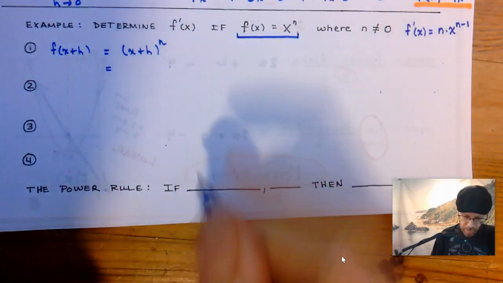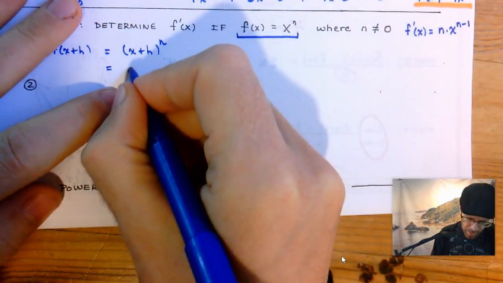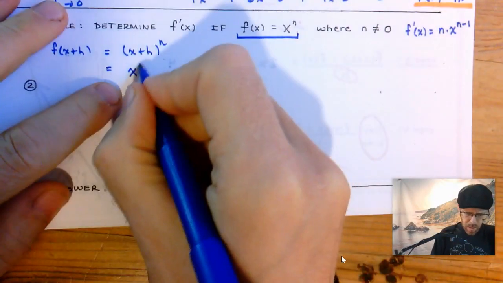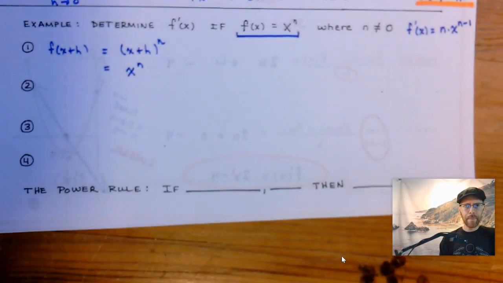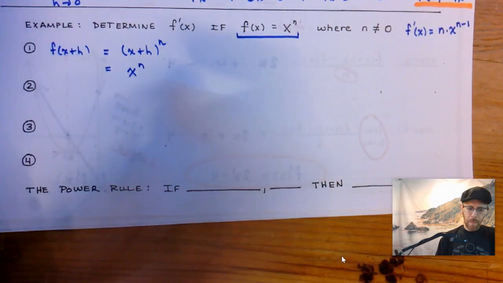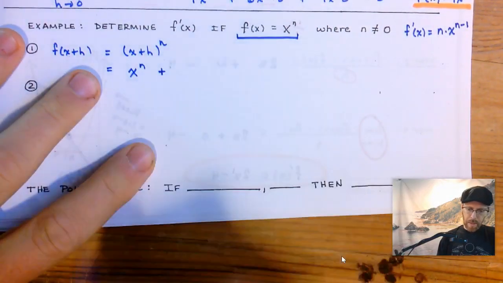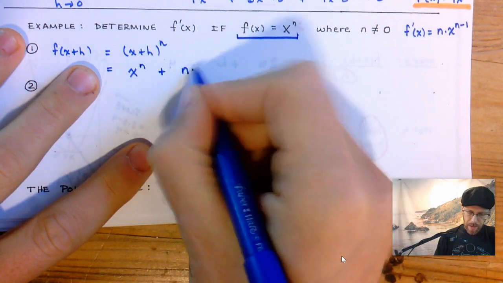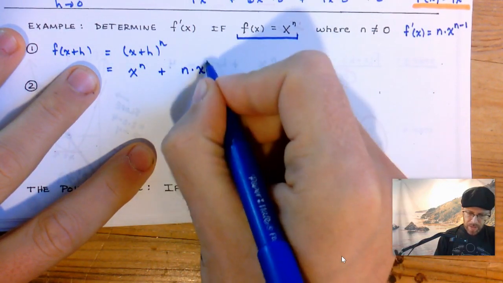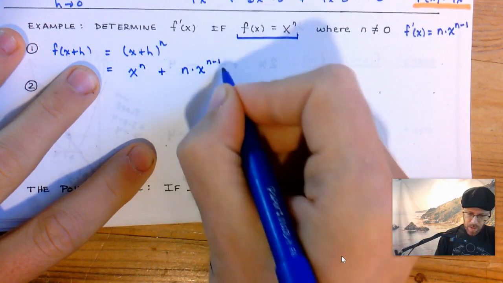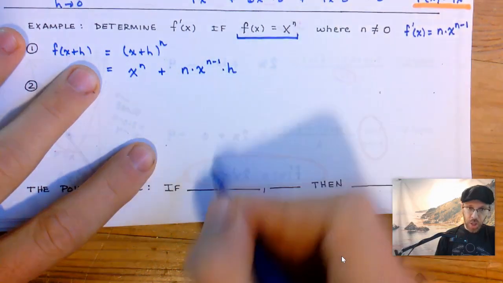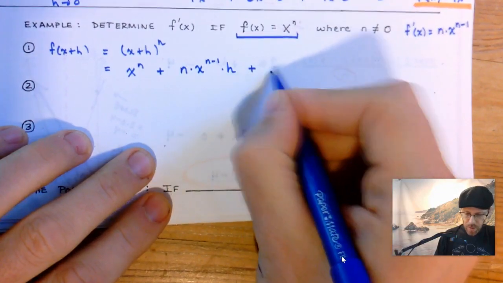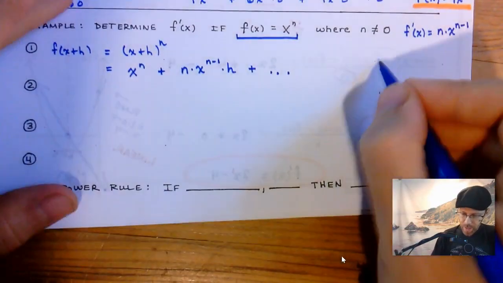And if we expand that out, let's see, we'd have x to the, that first power is always n, right? Plus the second coefficient is always n, so this would be n times x to the n minus 1 times h, plus a whole bunch of junk is going to happen.